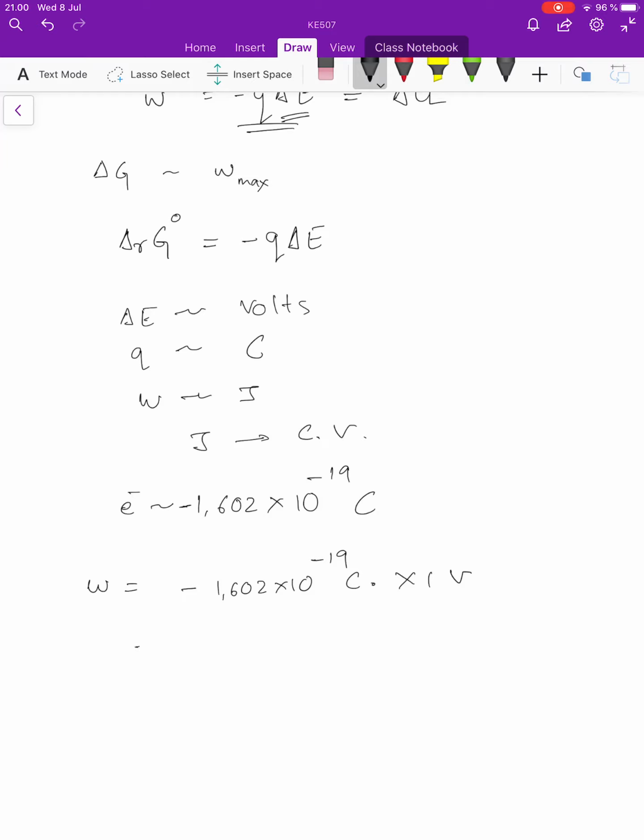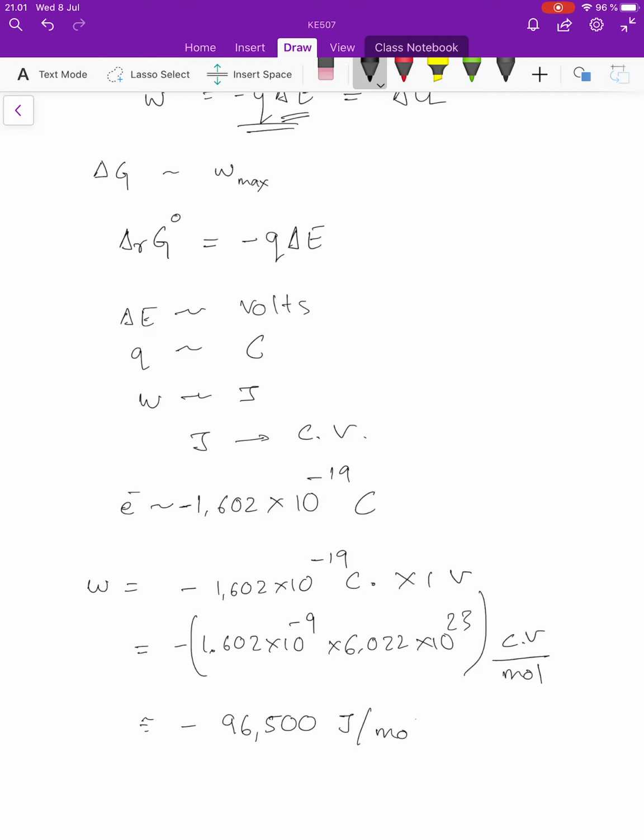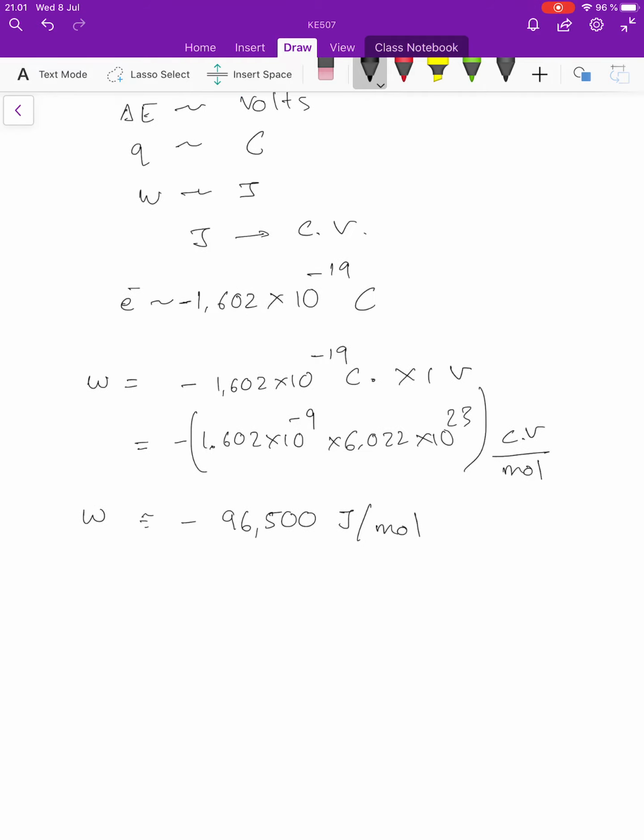And if we write this in molar quantities, on a per mole basis, then this becomes 1.602 times 10 to the power minus 19 multiplied by Avogadro's number, coulomb volt per mole. This product has the value of approximately 96500, and coulomb volt is of course joule, so this is joule per mole. So this is the work done when you move a mole of electrons across an electric potential difference of 1 volt.